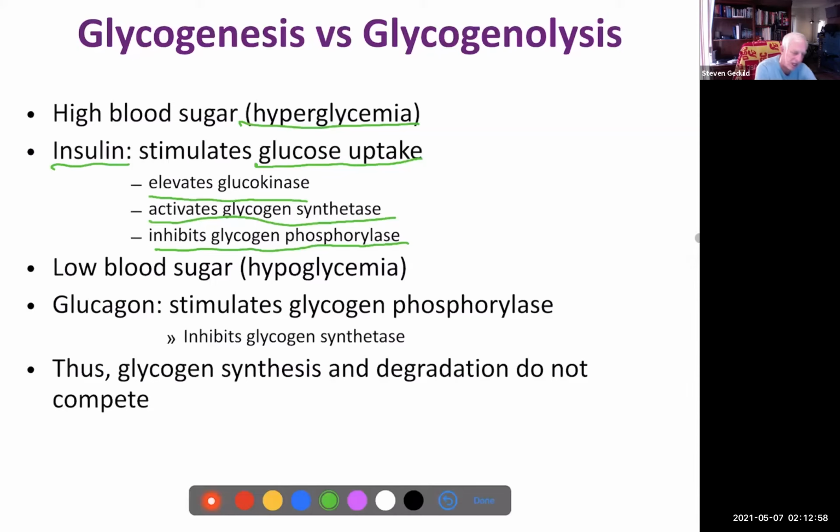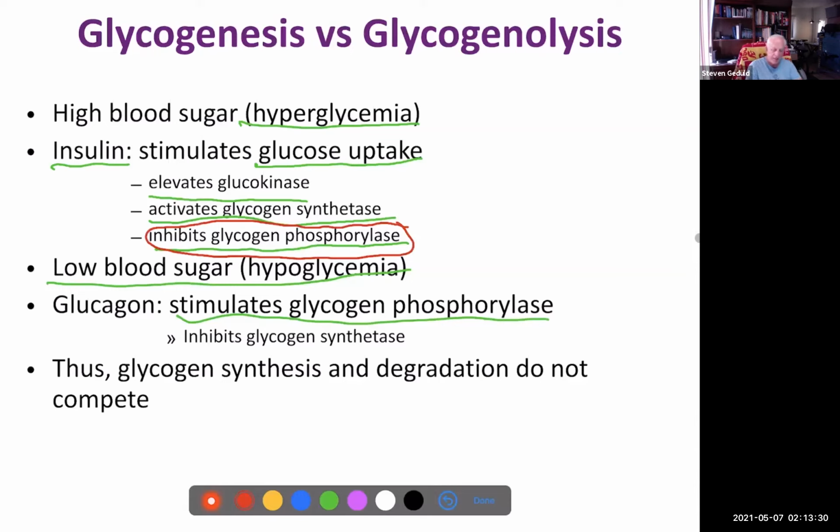Low blood sugar is hypoglycemia, which is the exact opposite. With low blood sugar, you have glucagon. Glucagon is going to raise your blood sugar. Glucagon stimulates glycogen phosphorylase, the exact opposite of insulin, which inhibits it. Glucagon stimulates it because you want to put sugar back in the bloodstream.